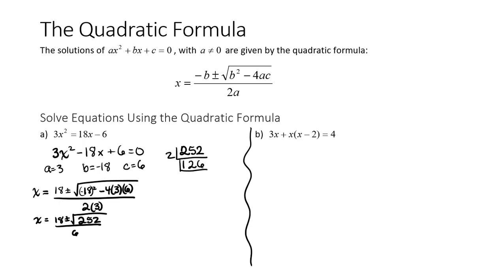The last digit is still even, so I can divide by 2 again. Half of 100 is 50, half of 20 is 10, and half of 6 is 3. This gives me 63. This number is no longer divisible by 2 because the last digit is not even, but we do have another trick for dividing.